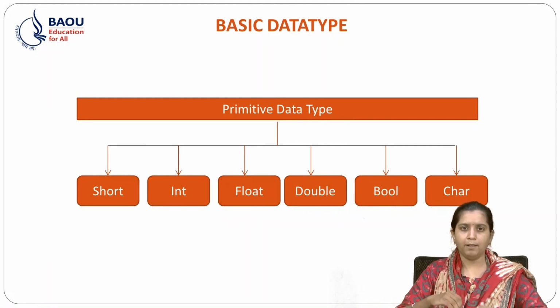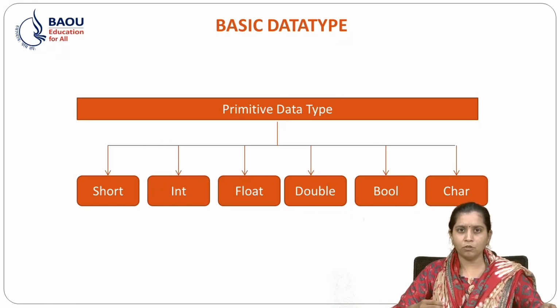For example, if a program's result is true or false, then we will use the bool data type. Char, that is the character data type. This variable is used to store a single character or a numbered character.